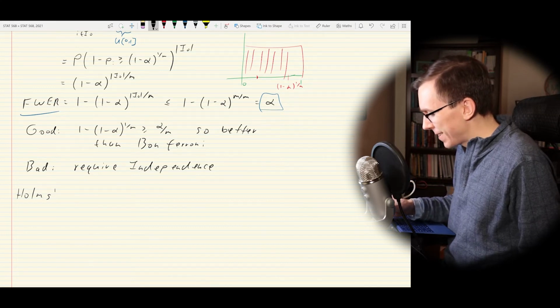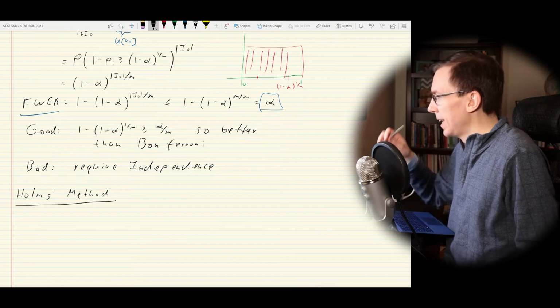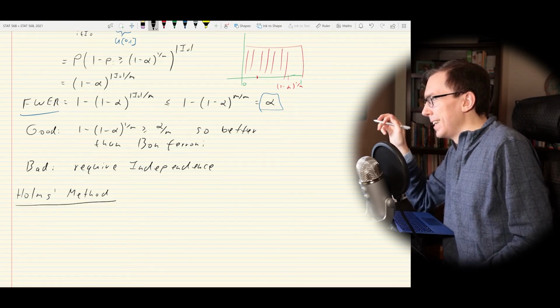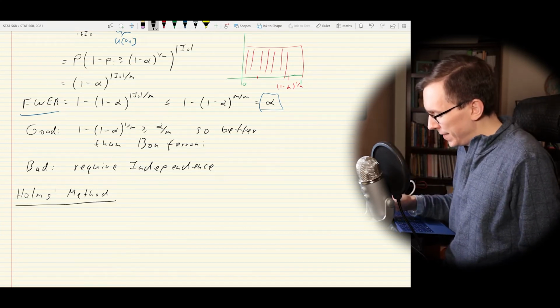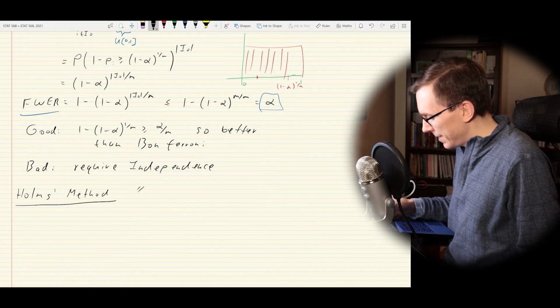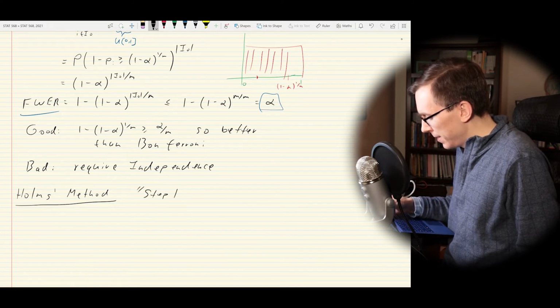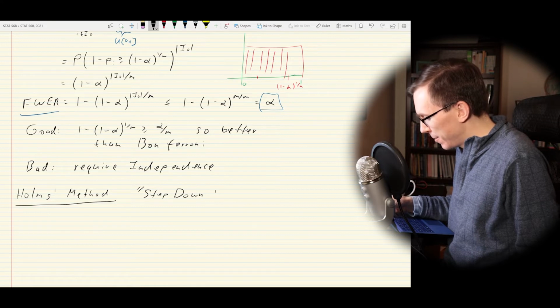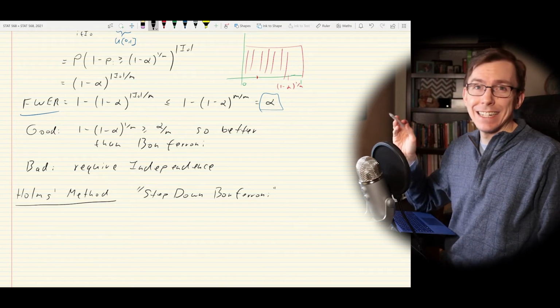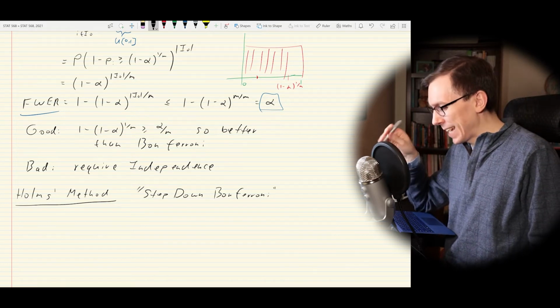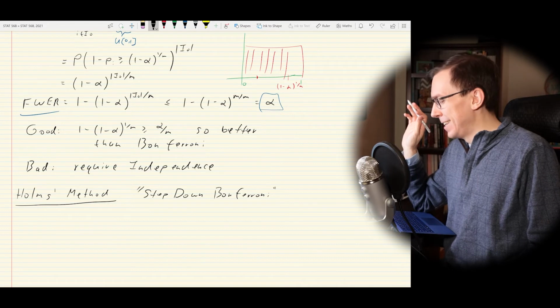So Holm's method is basically going to be a step-down Bonferroni. We didn't talk about stepwise methods. That's the next subsection after Holm's method.